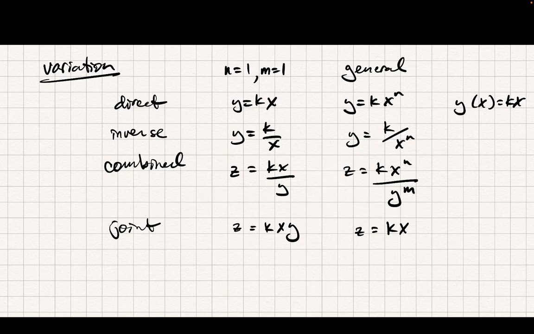Here's joint variation when the exponents are 1. Now I need to write it in a general sense for other exponents, so it's n and m. How do I write it? Z equals k, x to the nth power, and y to the m.